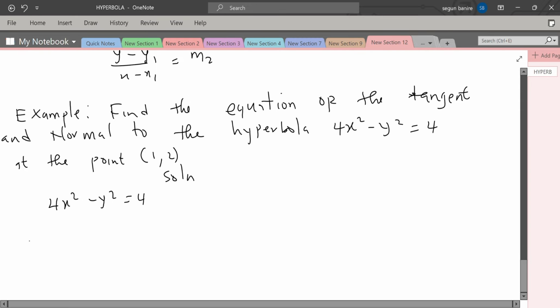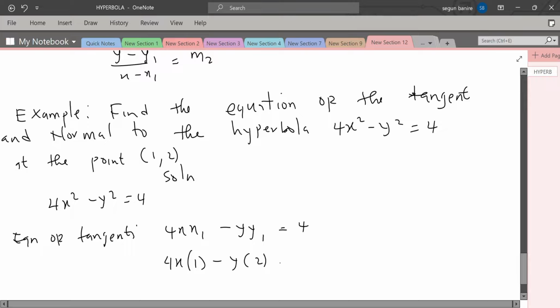So to find the equation of the tangent is very easy. It will be 4x(x1) minus yy1 equals 4. x1 is 1. What is y1? y1 is 2, equals 4. So we get 4x minus 2y equals 4.